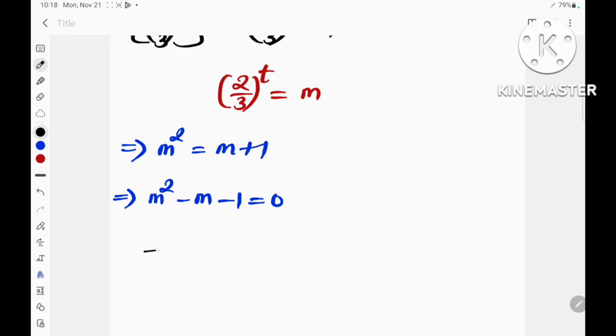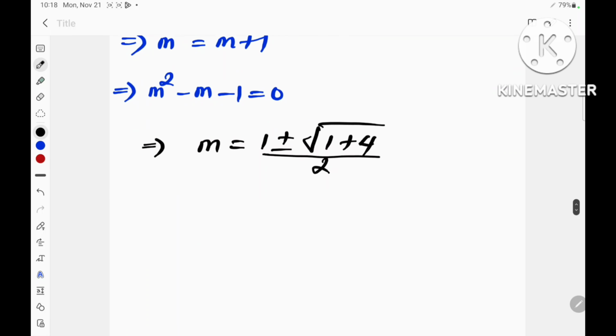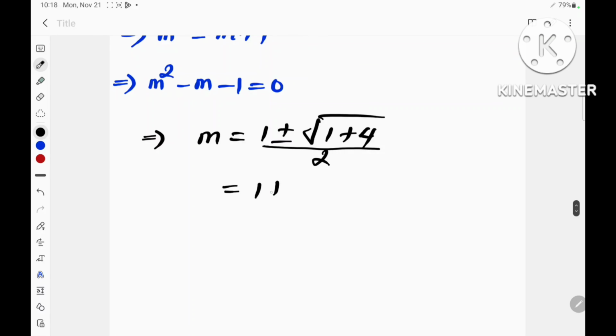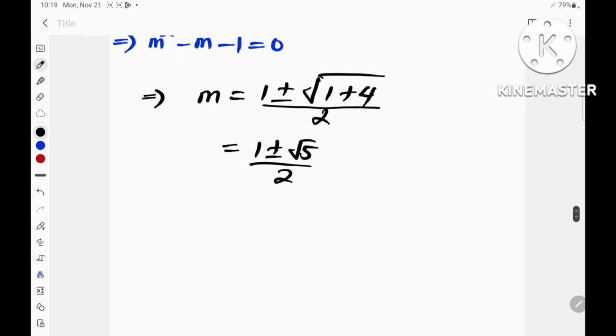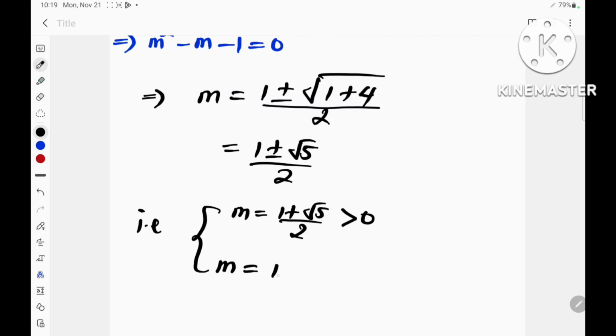And if you use the quadratic formula, we have m equal to 1 plus or minus the square root of 1 plus 4, divided by 2, which is equal to 1 plus or minus the square root of 5 divided by 2. That is, m is equal to 1 plus root 5 divided by 2, which is greater than 0, or m is 1 minus root 5 divided by 2, which is less than 0.